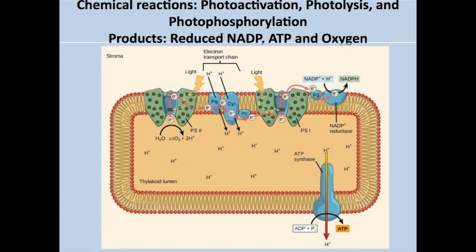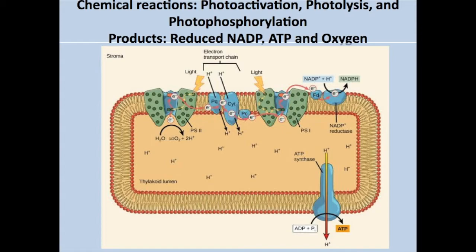This enzyme passes that electron to an electron carrier. Our electron carrier this time is NADP plus. So this electron will go to NADP plus. In the presence of protons, NADP plus plus electrons plus protons becomes NADPH. So in my second story, what is produced? NADPH.